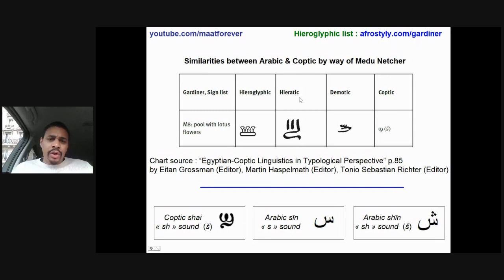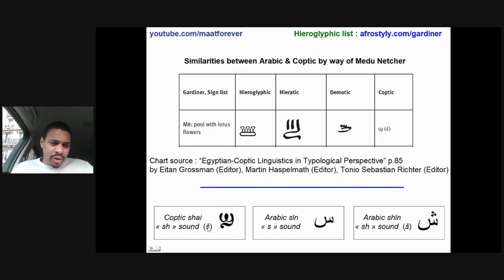So when you look at the Coptic, on the bottom left corner, you have the Coptic Shai. It's a sh sound.